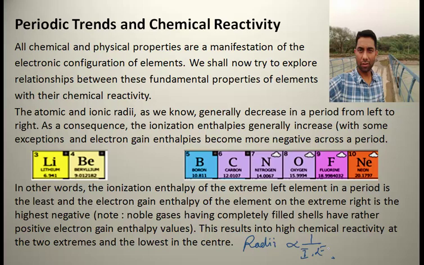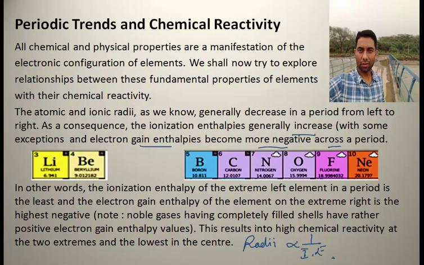Ionization enthalpy generally increases as we move along the period. That is, fluorine has maximum ionization enthalpy. And likewise, electron gain enthalpies become more and more negative across the period. I think it is clear, we have already discussed all these.